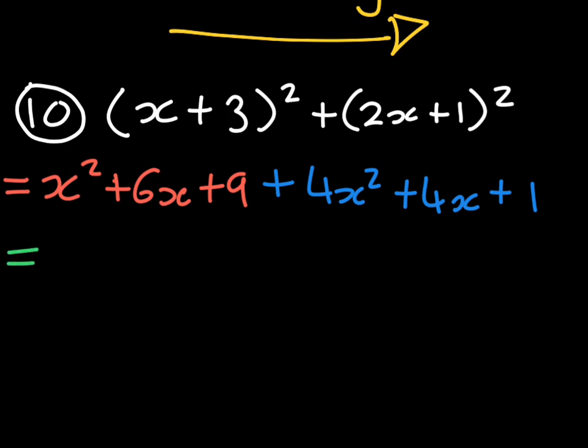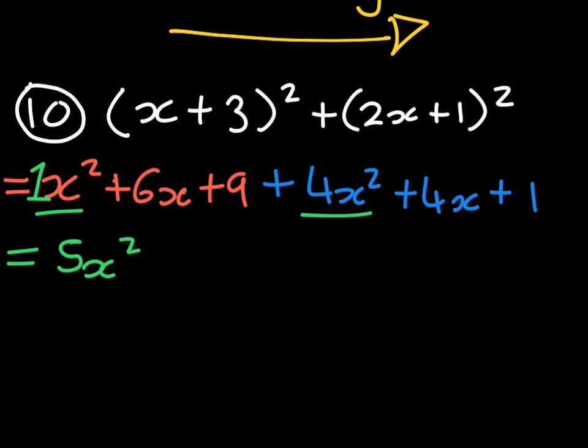Lastly, we need to look for like terms. So we see that we've got two terms which have an x squared, so we can add them together. Remember that there's essentially an invisible 1 in front there. So 1x squared plus 4x squared gives us 5x squared.